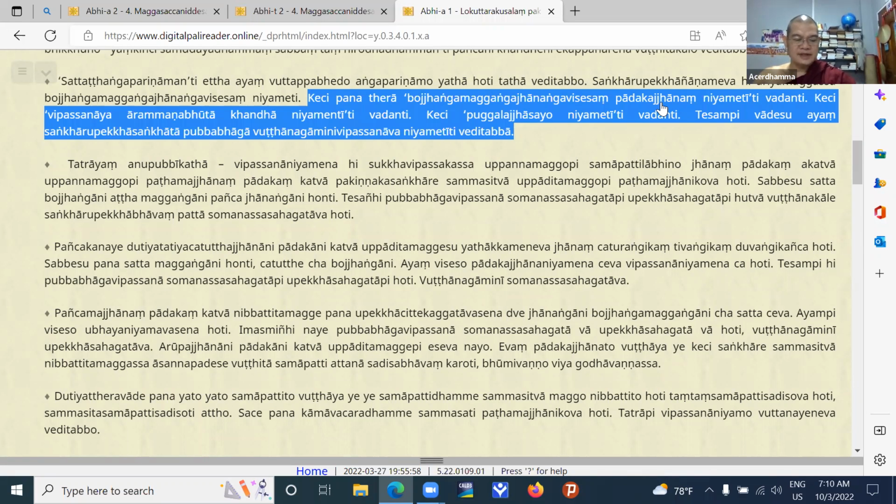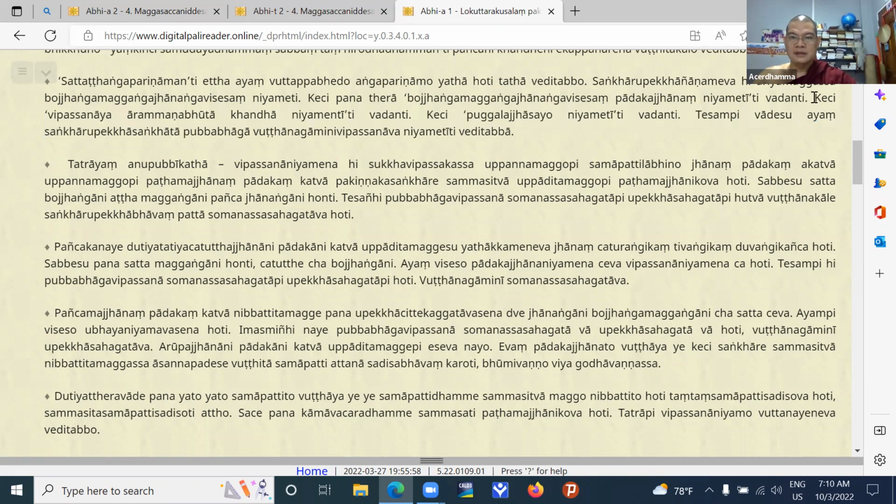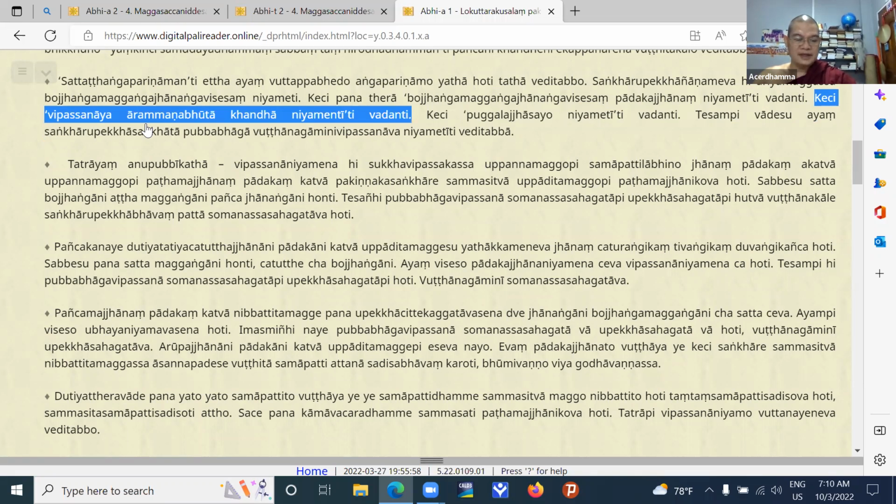Kecivipassanaya arammana khanda. Kecivipassanaya arammana khanda niyameti vadanti. The object, the khanda which are the object of vipassana, will determine the maggas with the factors there.